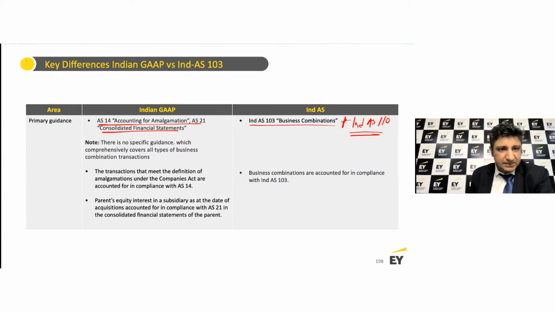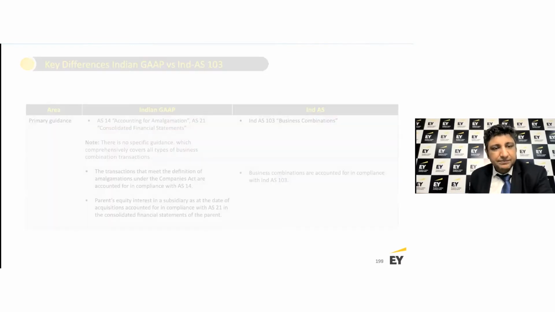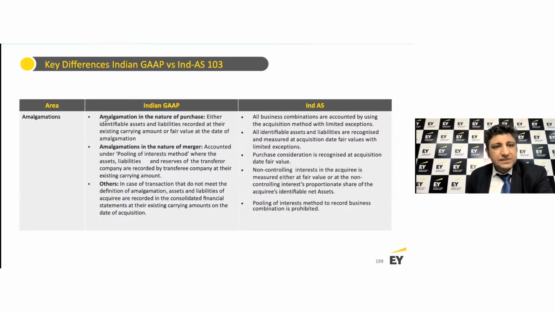So that's something which is key. It's all about looking at the specific standards wherein it is covered. The key differences within the AS framework versus the Ind AS framework.